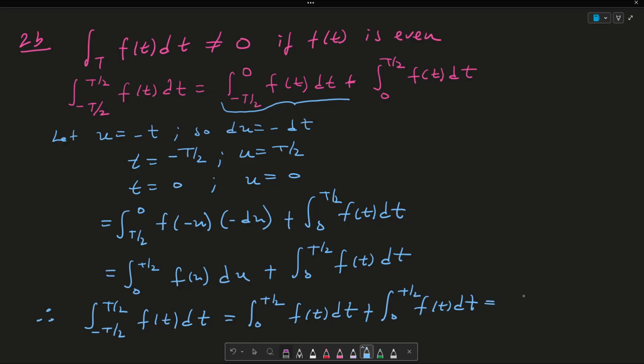So then this is just equal to 2 times the integral from 0 to t over 2 of f of t dt, which is clearly not equal to 0. And that is the end of our second proof.